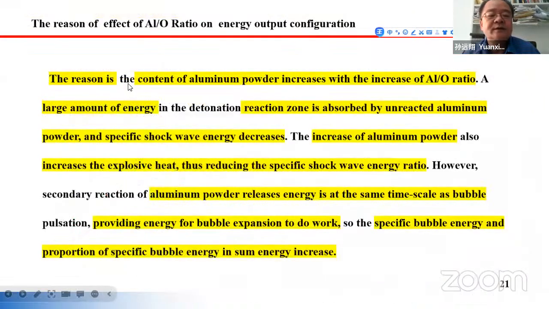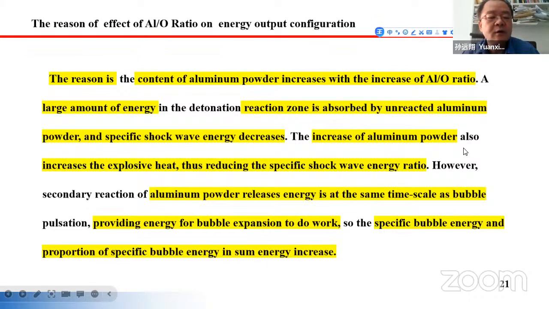The reason is that the content of aluminum powder increases with the ratio. A large amount of the energy in the reaction zone is absorbed by the unreacted aluminum powder, and the specific shock wave energy decreases.